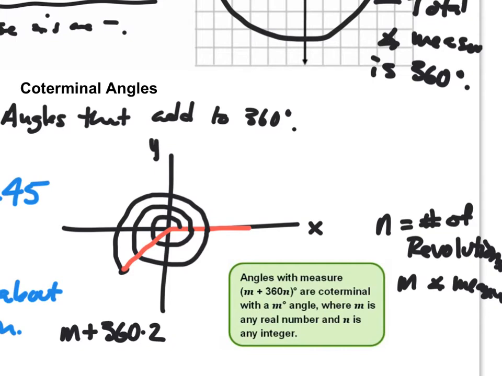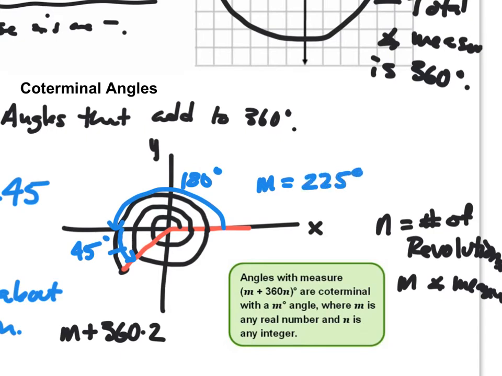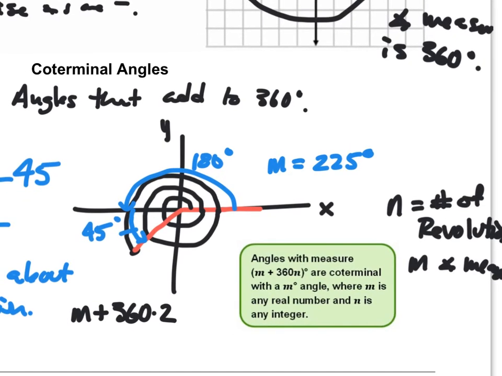Now, this is 180 degrees. From here to here is 180, and then I'm going to add another 45 degrees. So m is equal to 180 plus 45, which is 225 degrees.